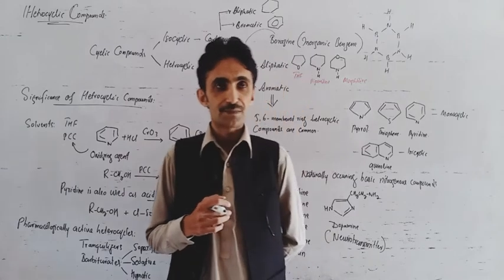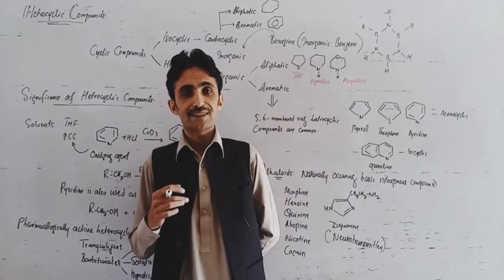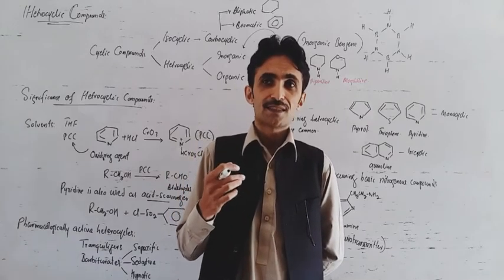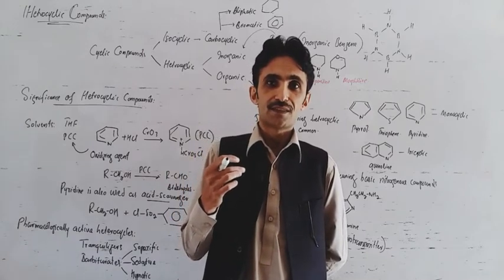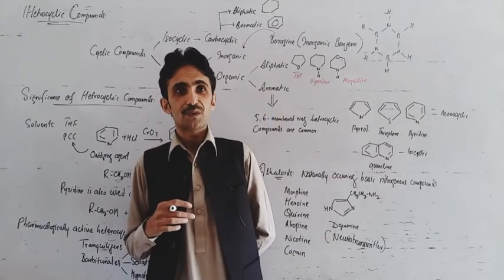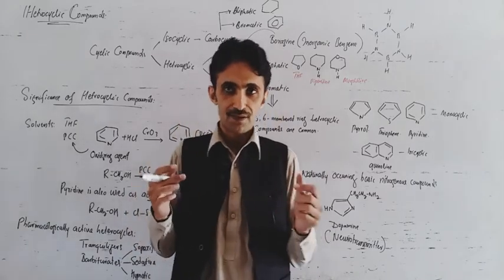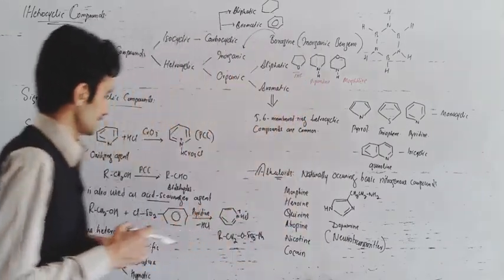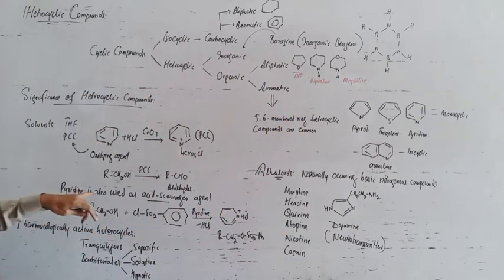So we require some specific agent in order to control or scavenge the acid which has formed. Pyridine plays an important role in capturing the acid formed in the reaction. That's why we call pyridine an acid scavenger.